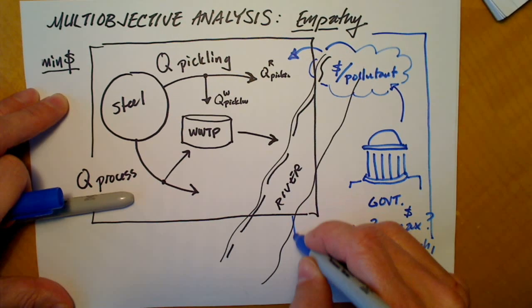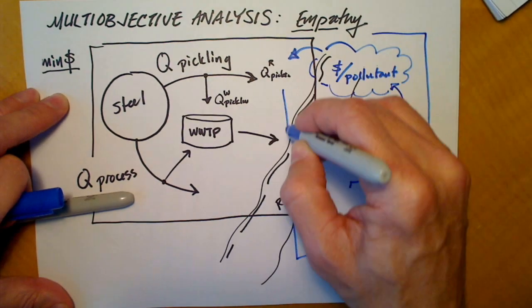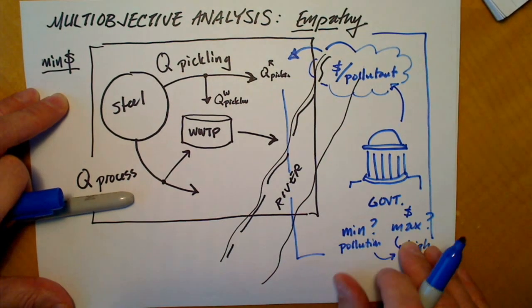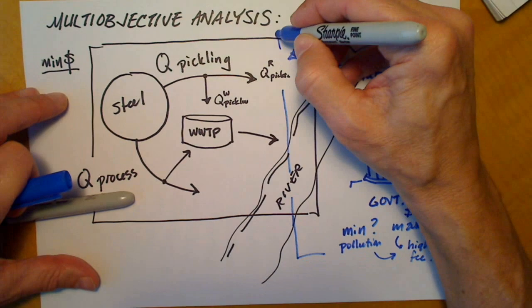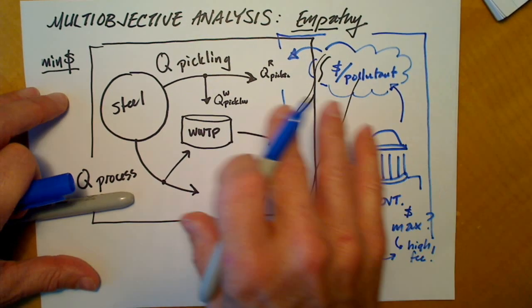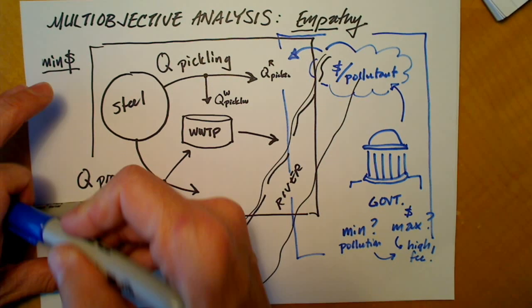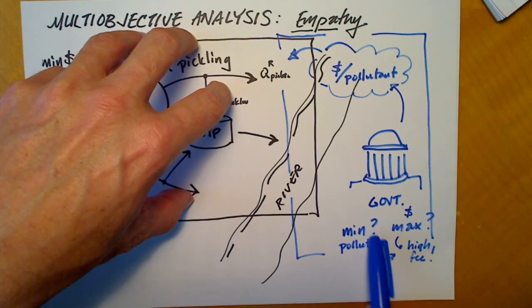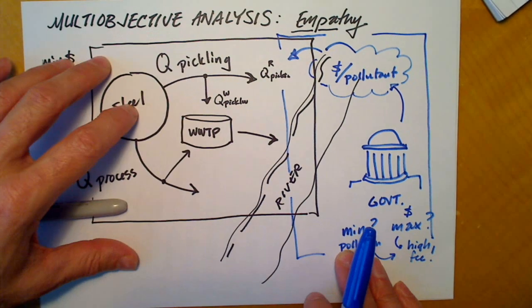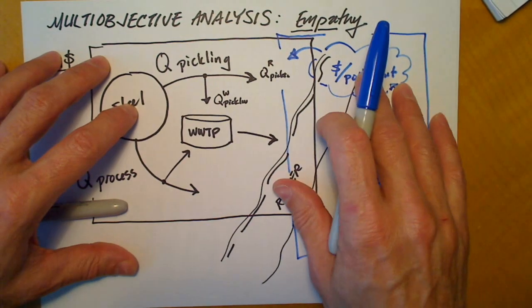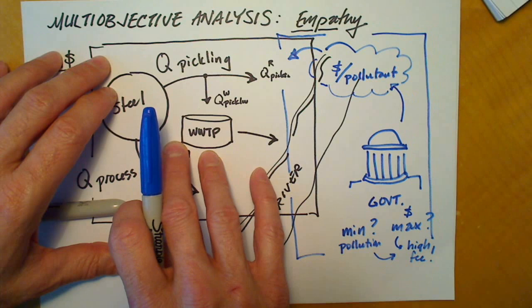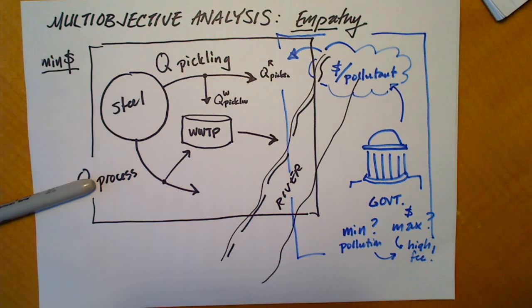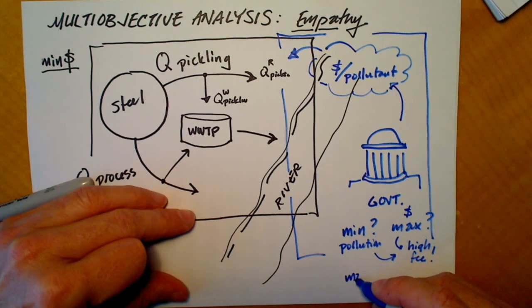They must decide what to do with their objective function, and they have to anticipate the way the steel plant is going to operate in response to their fee. Now, there's one way to minimize the pollution, and that is to set the fee so high that it puts the steel plant out of business. That might not be the right idea.